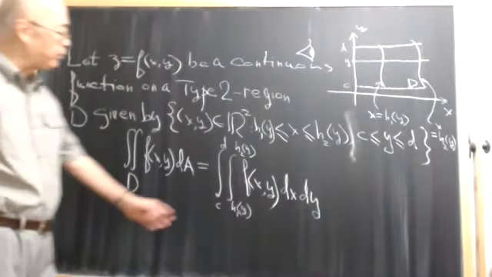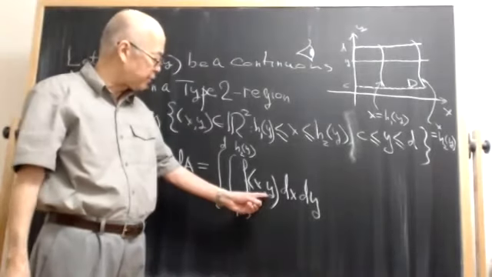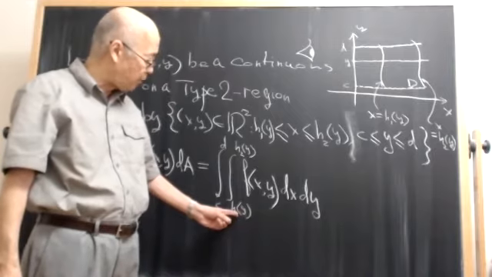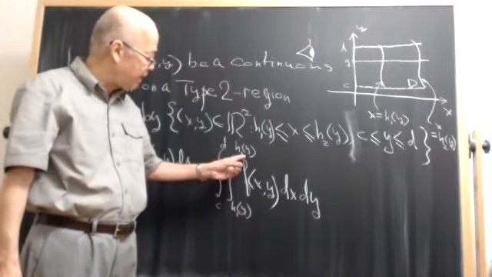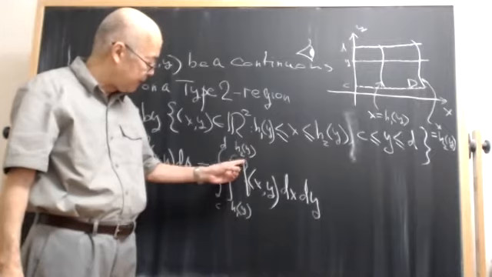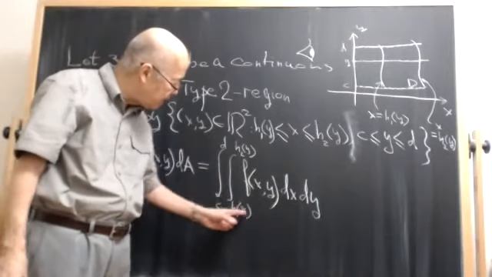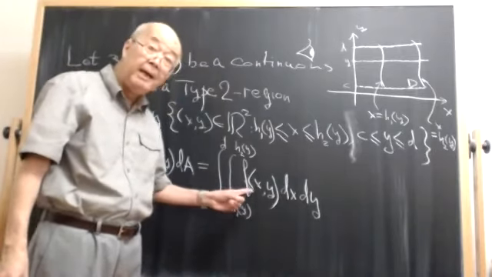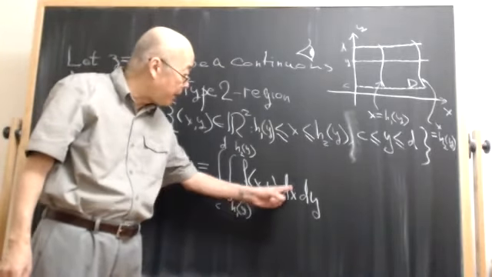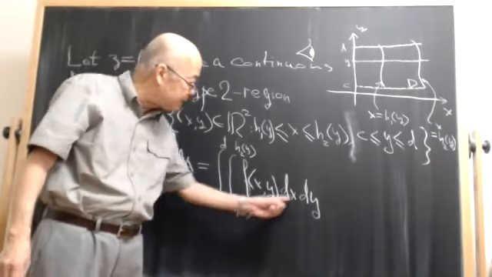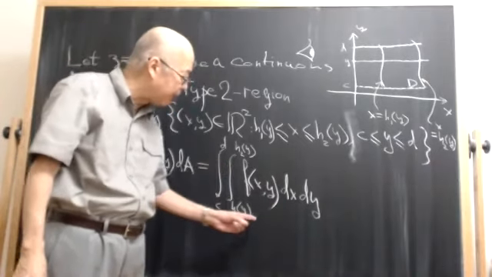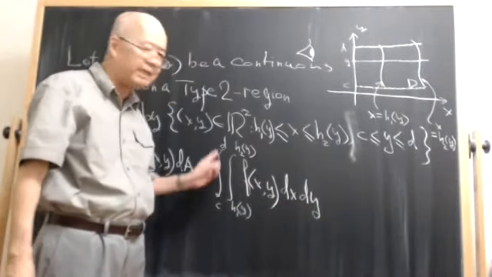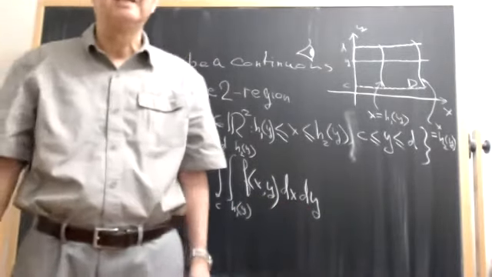So when you integrate with respect to x from h1 of y to h2 of y, you will get a function of y. And then you are going to integrate this function of y with respect to y from c to d. Okay?